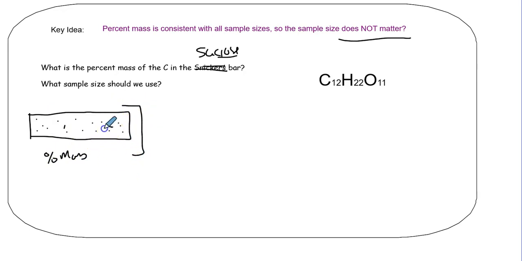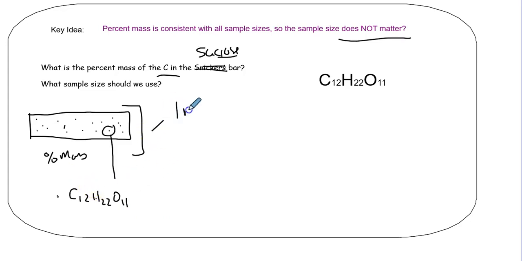Now we're going to take a little speck of sugar and analyze that dot. That dot is sucrose, C12H22O11. And at that point, what's the percent mass of carbon in a sucrose molecule? Now again, the sample size doesn't matter.